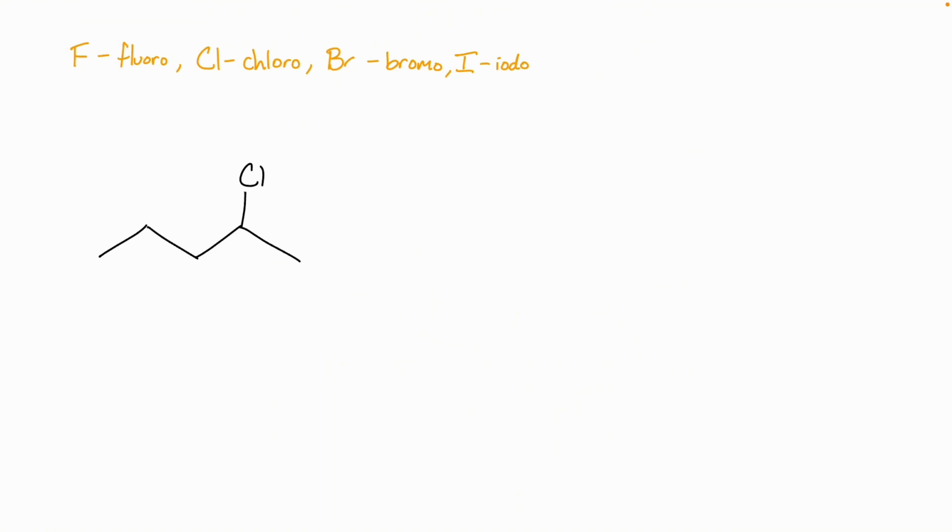What was step 1? The parent chain, right? Find that parent chain, the longest continuous set of carbons. 1, 2, 3, 4, 5. So our parent chain is a pentane. The next step was to name our substituents. And again, before we saw methyl groups, ethyl groups, but now my substituent is a chloro group.